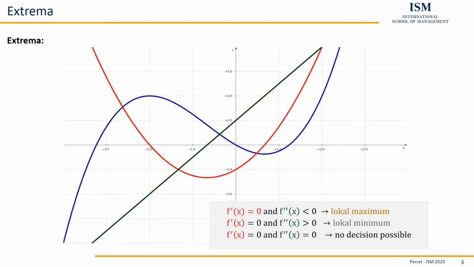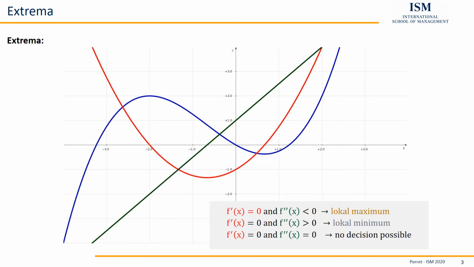If we now consider the maximum on the left at -2, we see the function has a maximum here. The first derivative is 0. It intersects the x-axis, so it has a null there. And the second derivative, the line, is negative. So this works out fine.